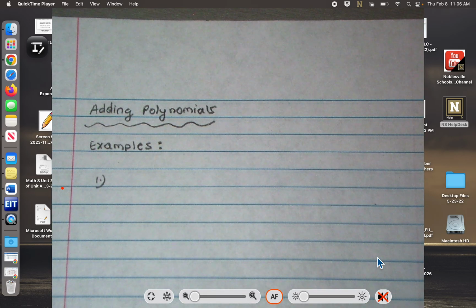Whole new page. We're going to have adding and subtracting on the same page. To the back.